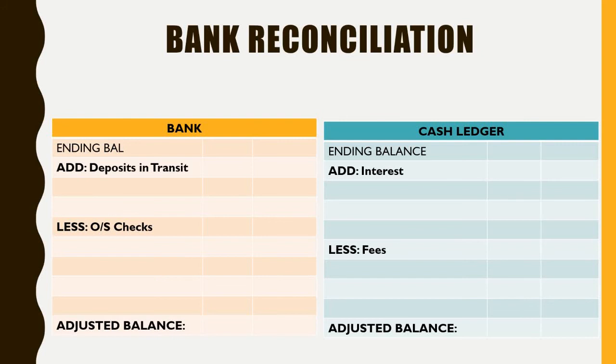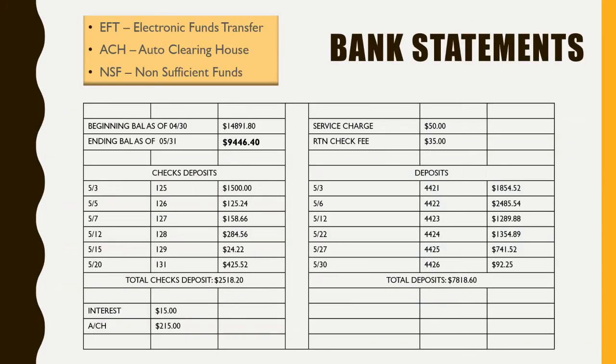You're going to have a bank side and a cash side, right? And then of course it's going to have little placeholders, little sections that you can fill in yourself. So the top one is going to be obviously your ending balance. In this case, I'm going to do my bank statement first. I'm going to determine what my ending balance was as of that month.